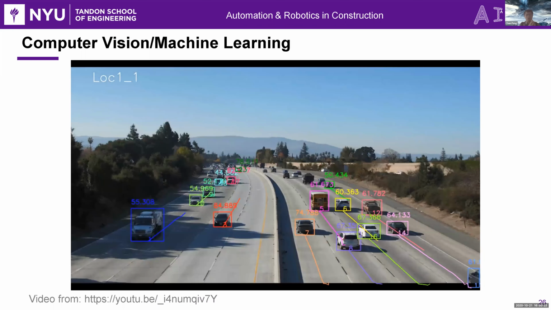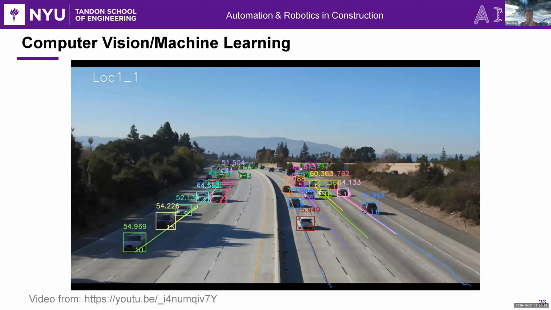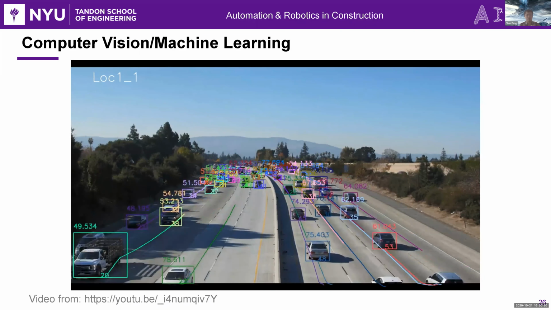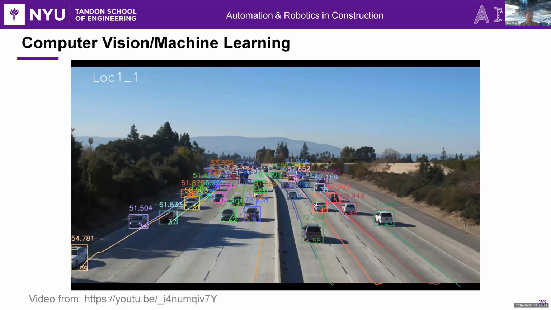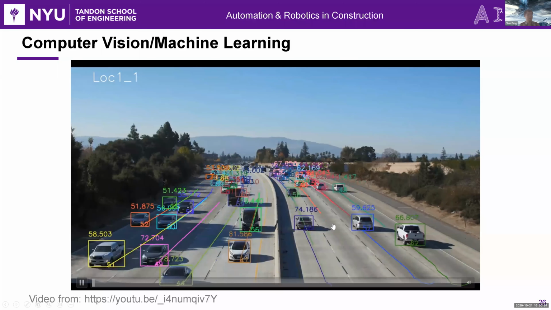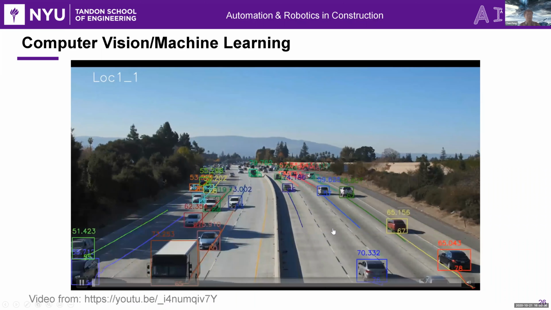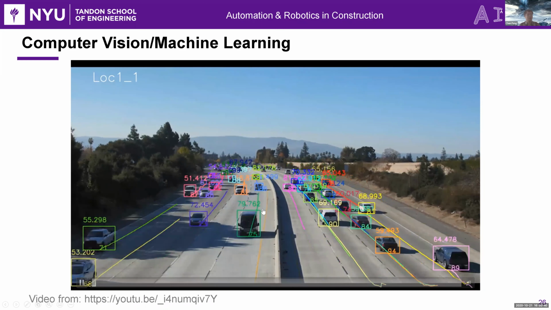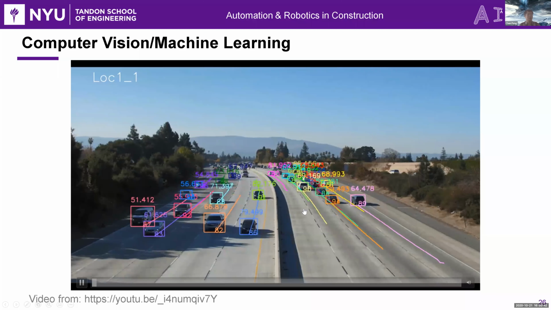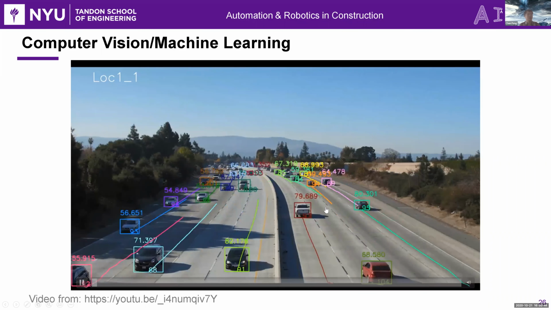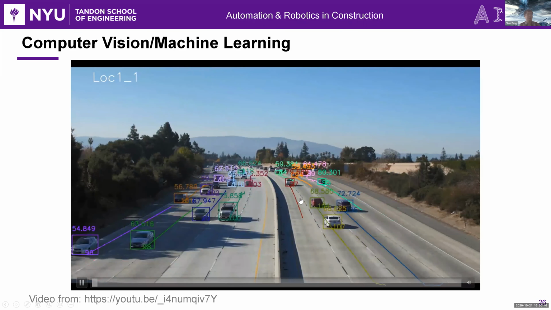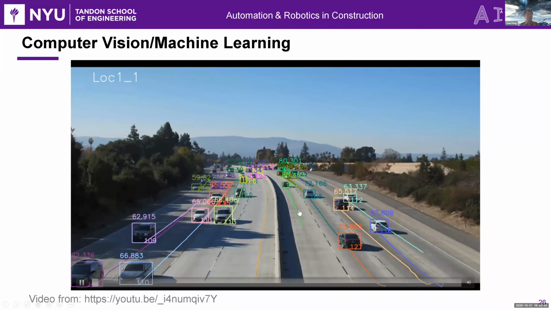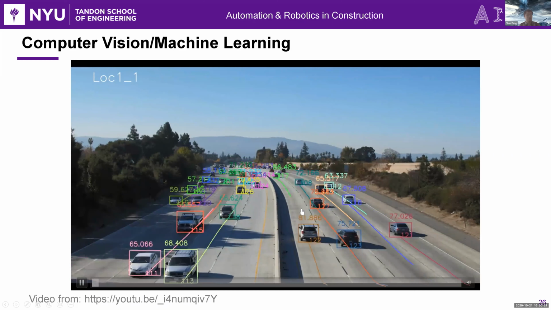Computer vision and machine learning are the backbone technologies supporting all this data collection and analysis. Here I'm showing one example related not immediately to construction, but to transportation. If you have those surveillance cameras, with computer vision and machine learning, we can automatically detect all the cars, estimate their speed, and track their trajectories.